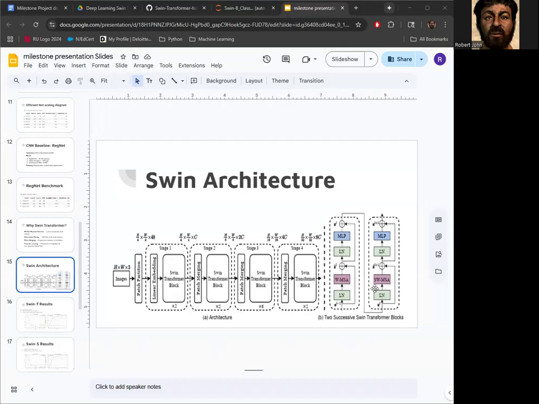And the second block is the same as the first, but the attention is shifted window multi-head self-attention. This shift lets the window overlap across block boundaries, enabling cross-window interaction, following LN and MLP again.